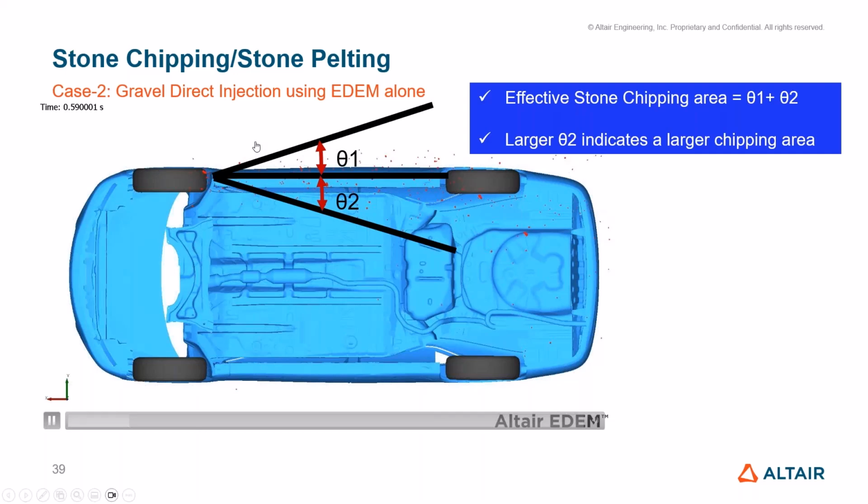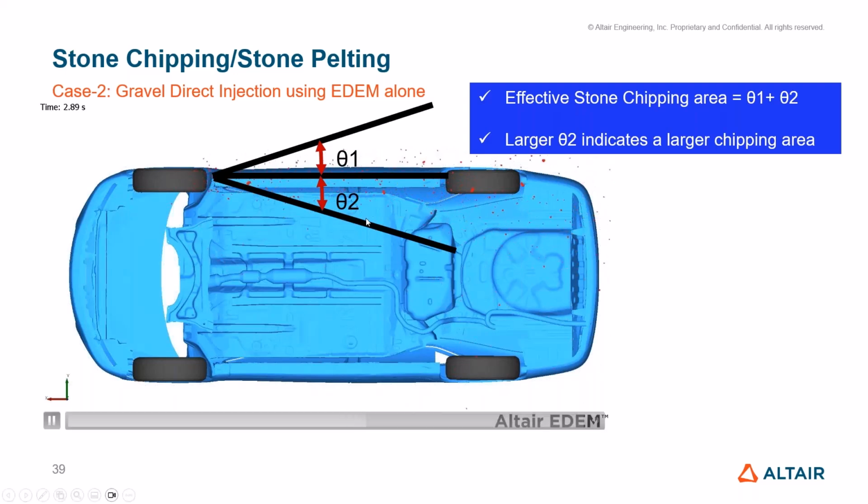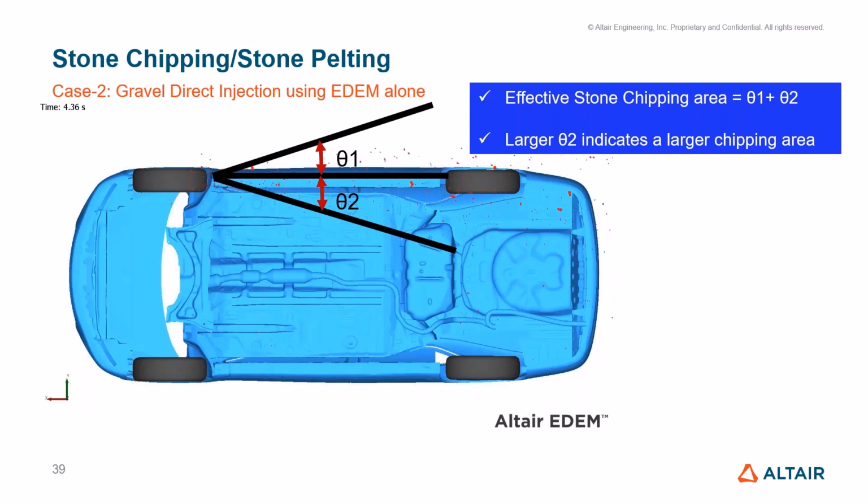So for example, because of the injection of the gravel, if the particle flows towards inside the vehicle, we call that theta2, and if it flows outside the vehicle, it is named theta1. So a larger theta2 indicates more chipping area. So ideally you should target theta2 to be lower, because if theta2 is larger, as mentioned, the underbody parts will be subjected to more damage or wear.